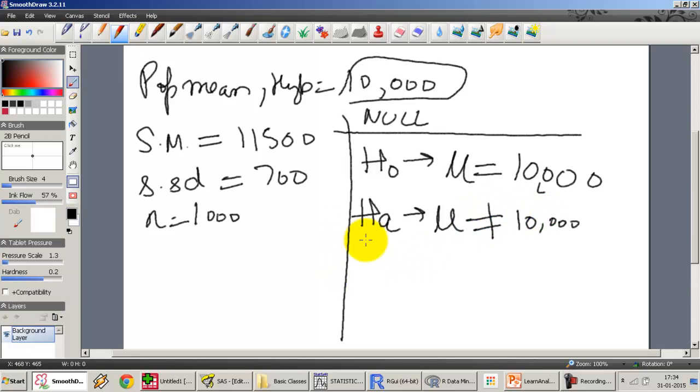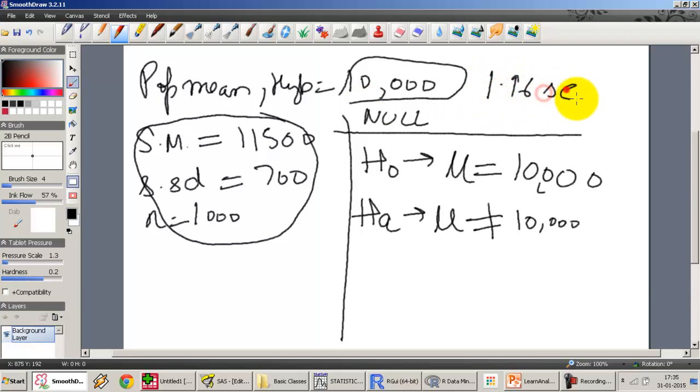Now applying the central limit theorem, if this particular sample lies within 1.96 standard errors from the population mean, then that means there is a 95% probability that such a sample can in fact be extracted. The sample mean is 11,500, the hypothesis is 10,000, the difference is 1,500.